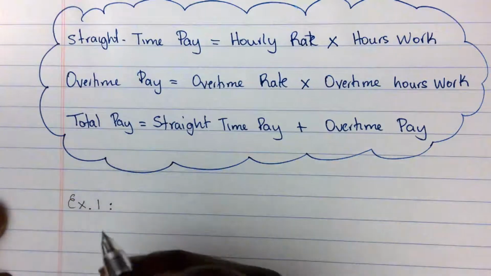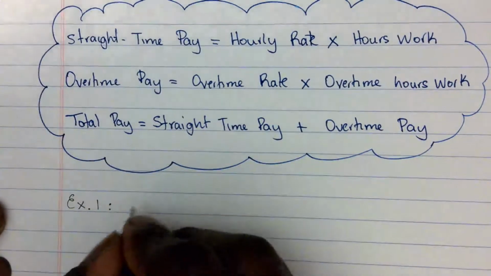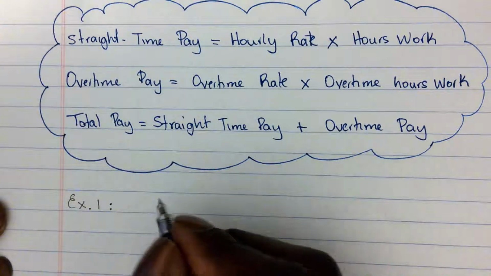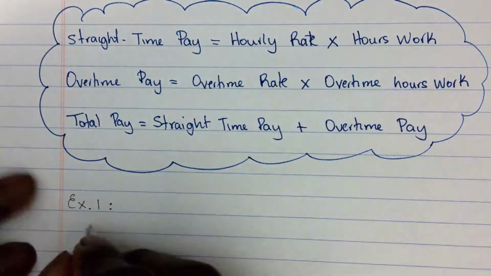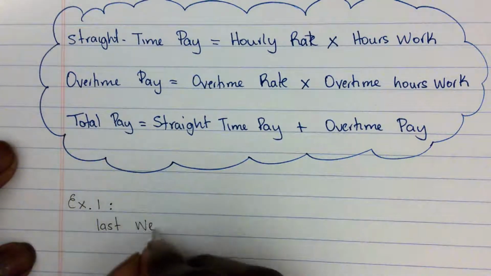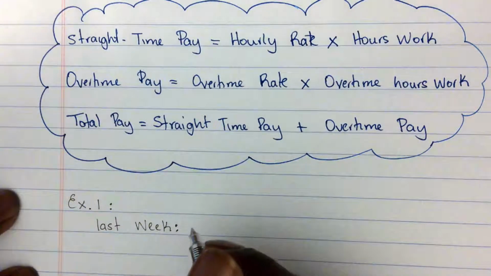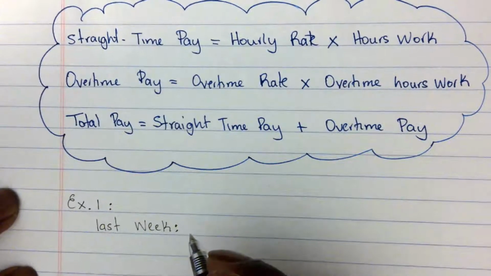How much does she get paid per hour? Her hourly pay is $8.40. We're going to break it down, because they asked what her straight time pay is for each week.